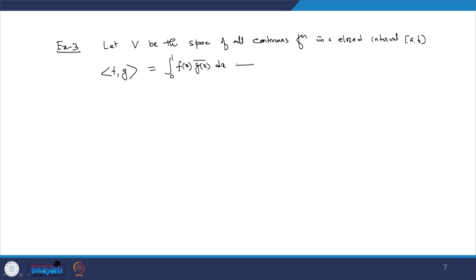This is an interesting example in mathematics, specifically in analysis, which will be used in different cases. So if I consider psi of f comma g defined like this, psi is a function from V cross V to capital F, then this function psi is an inner product.